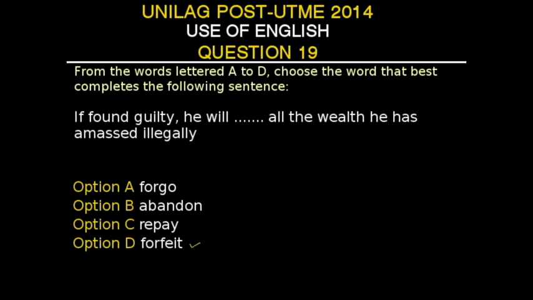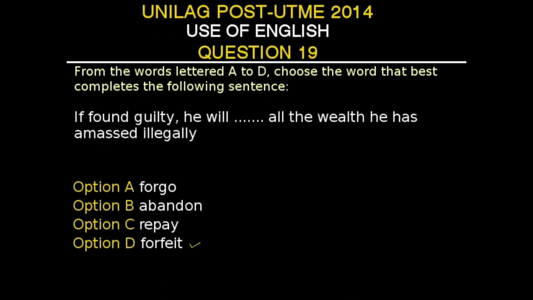Abandon obviously doesn't cut it because that's also usually an individual's decision to abandon a property or an individual. And since this isn't a case of abandonment, option B also is not appropriate. And option C, repay, isn't a good fit. He will repay all the wealth he has amassed illegally.